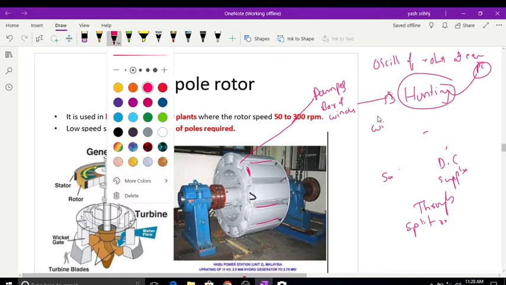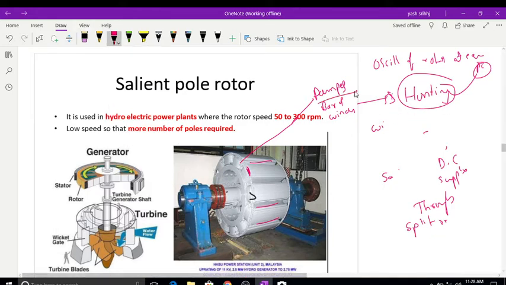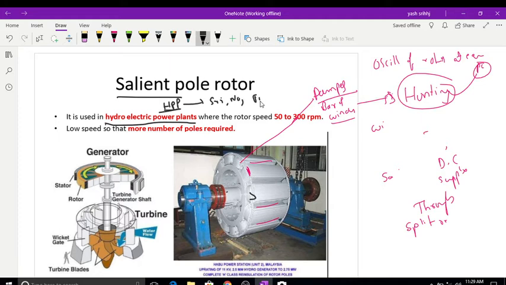So to prevent hunting, we should use damper winding separately in this salient pole alternator. Where are these alternators used? In hydroelectric power plants, HPP, hydropower plants, nearly in Srisailam, Nagarjuna Sagar, Jurala in Telangana, and in Himachal Pradesh, and in Orissa, Bhakra Nangal, Tehri Dam.